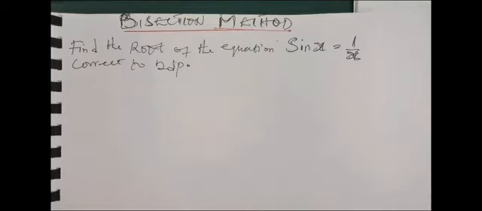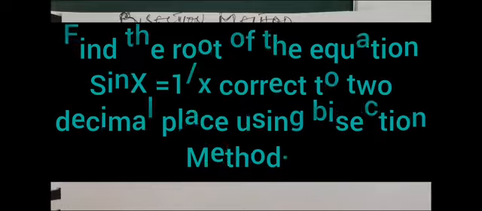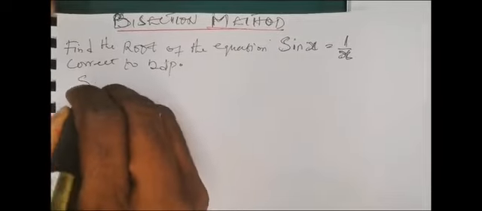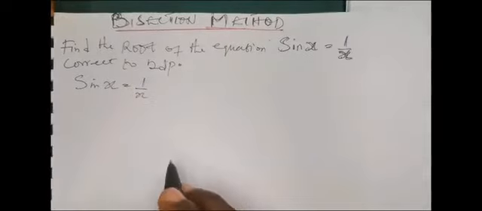In this video we are going to be considering this question. It says find the root of the equation sin x equals 1 over x, correct to 2 decimal places, using the bisection method. First of all, we have to write our functional equation. You're given sin x equal to 1 over x.